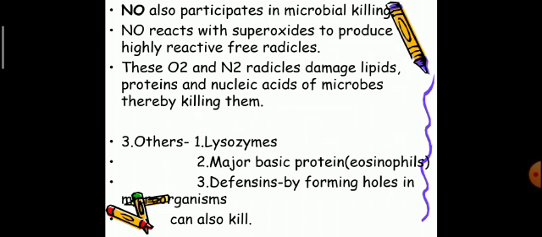Nitric oxide reacts with the superoxides to produce highly reactive free radicals. These O2 and N2 radicals damage lipids, proteins and nucleic acids of microbes, thereby killing them. Others are lysozymes, major basic proteins in eosinophils, and defensins, which by forming holes in microorganisms can also kill the microbes.